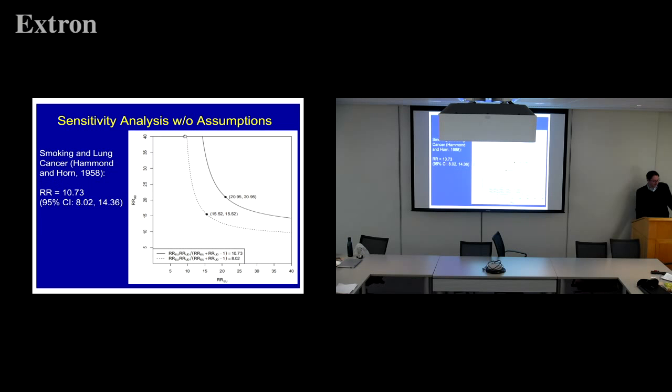Here are the values that would suffice to explain away the confidence interval; we would need something in this region. So we could go a little bit less than 20, down to 15 with the relation with the exposure, but then we'd need something like 35 for the outcome.